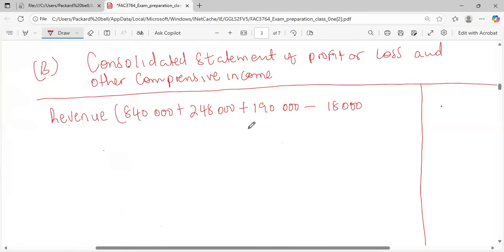It's 1,260,000. So this is going to be the revenue. Then from our revenue, we have to go to cost of sale.